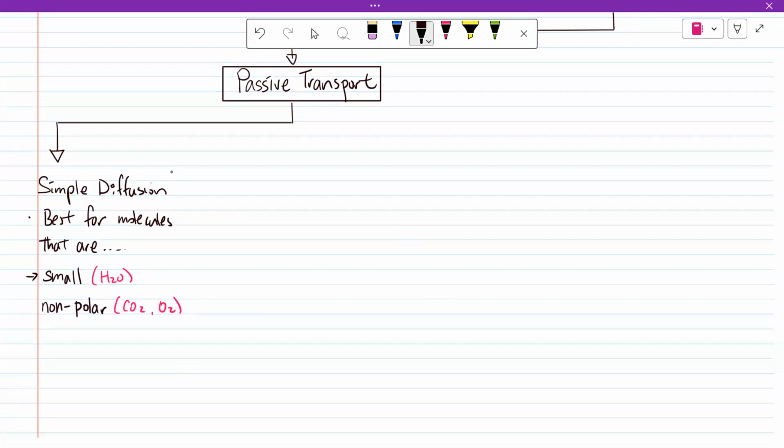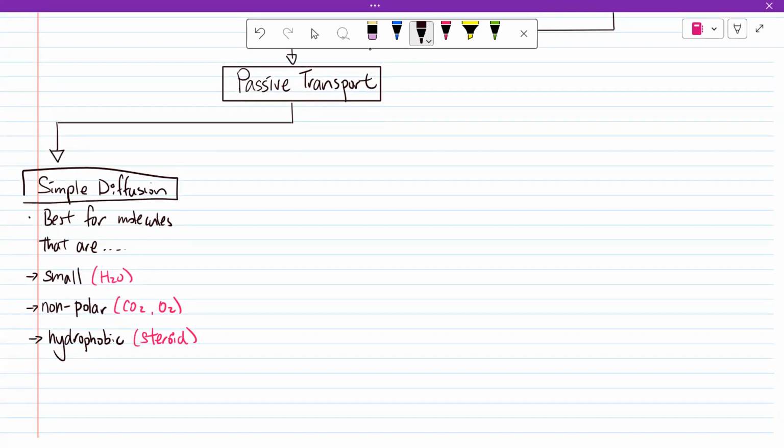So best for molecules that are small, non-polar, as well as things that are hydrophobic. Like steroids, right? So these things use simple diffusion.